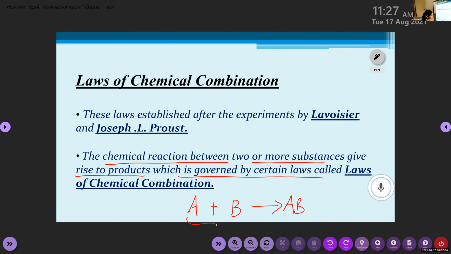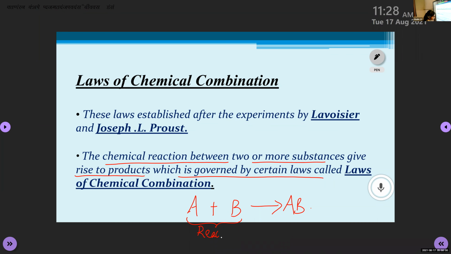These two are considered as reactants, and AB is the product.